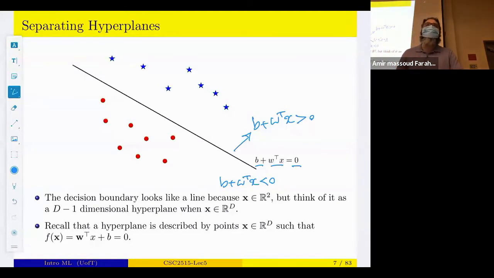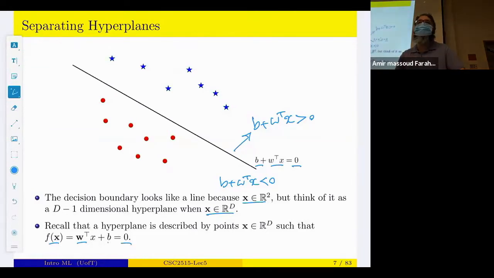Here I showed it as a line because it's a two-dimensional space, because X belongs to R2. But if it belongs to RD, then you should think of this line as a hyperplane, a D minus one dimensional hyperplane. If X was R3, it would be a plane, and more than that, it would be a hyperplane. As is already clear from the picture, the points on the hyperplane are described by the function f of x, or points where W transpose x plus b equals 0.